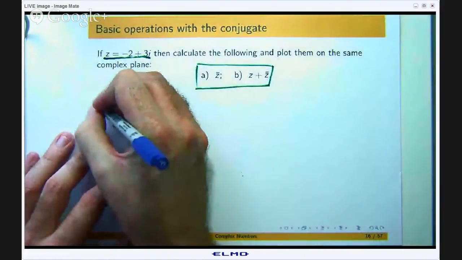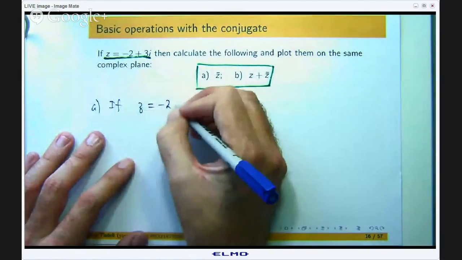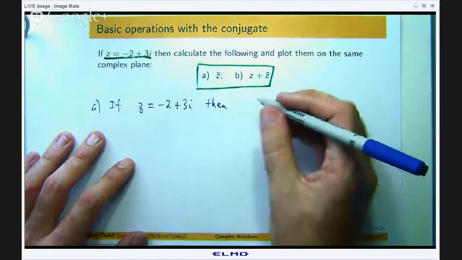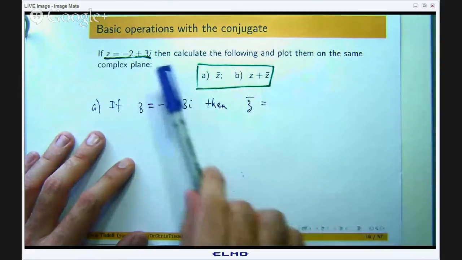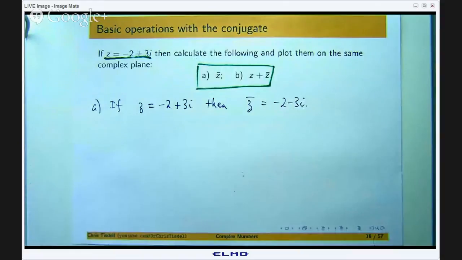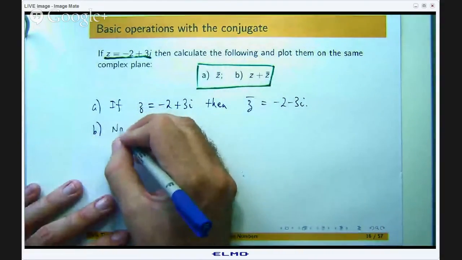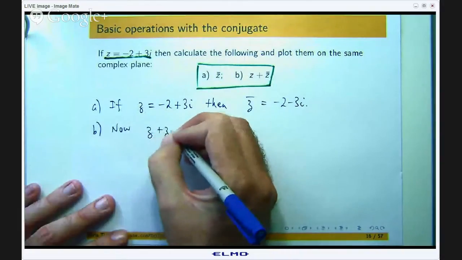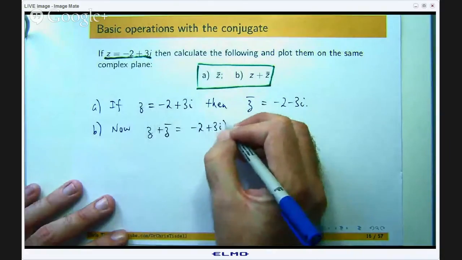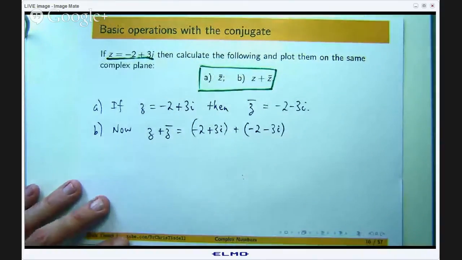Okay, so let's go with part A. If z is negative 2 plus 3i, then z bar, the conjugate, is negative 2 minus 3i. That's pretty easy. And part B, z plus z bar is going to be negative 2 plus 3i plus negative 2 minus 3i.